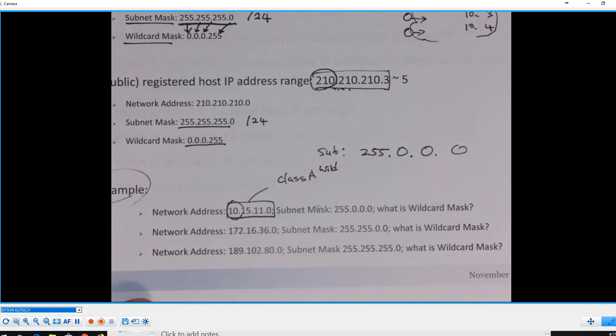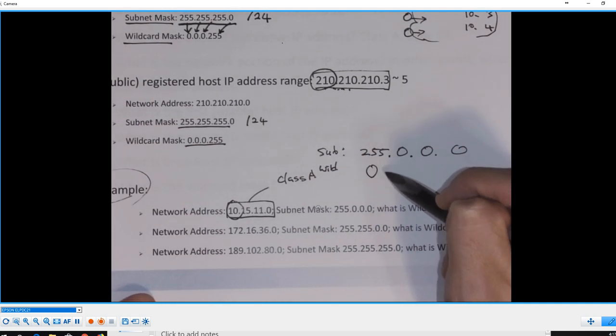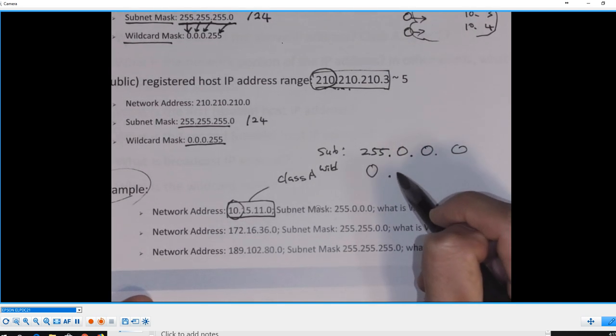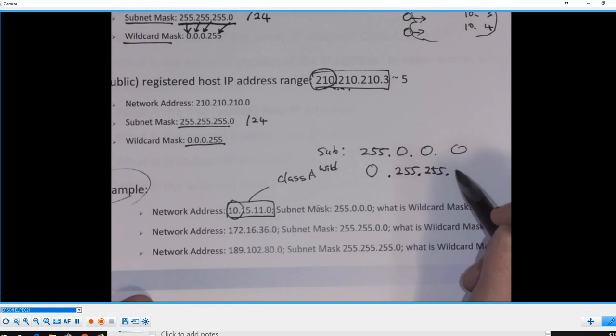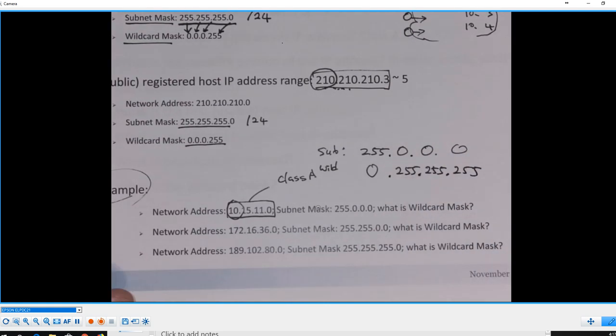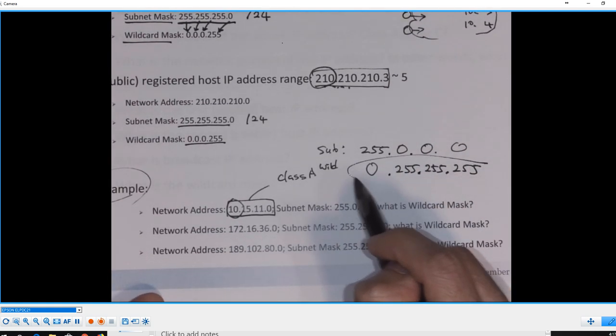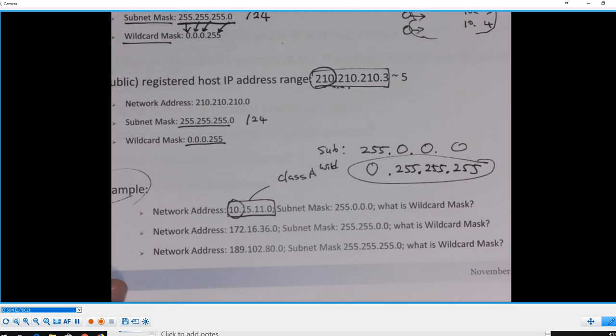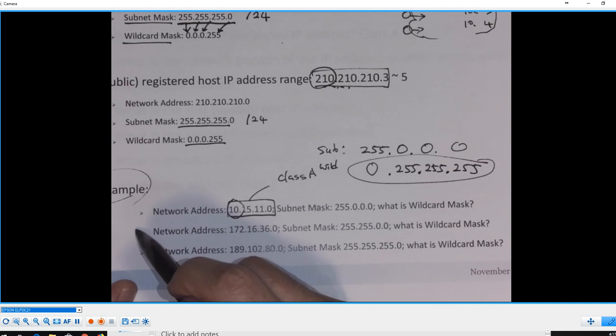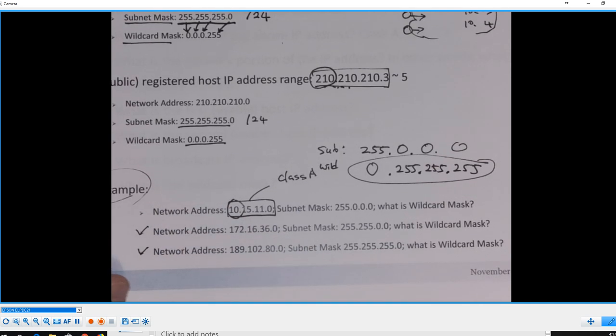The wildcard mask is 0.255.255.255. So that's the wildcard mask for this class A IP address. I want you to do the B and C on your own, by the way.